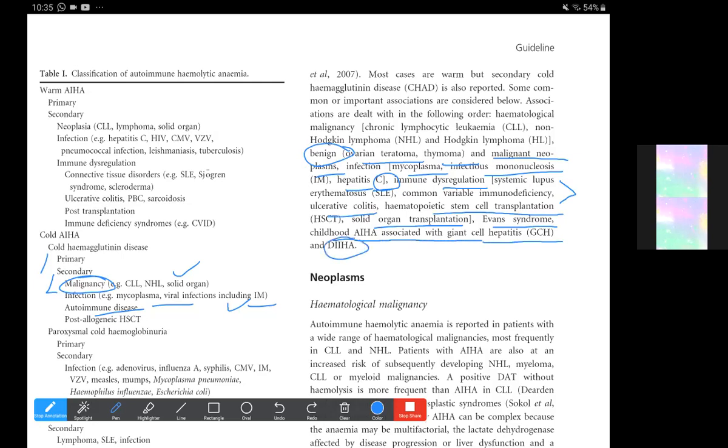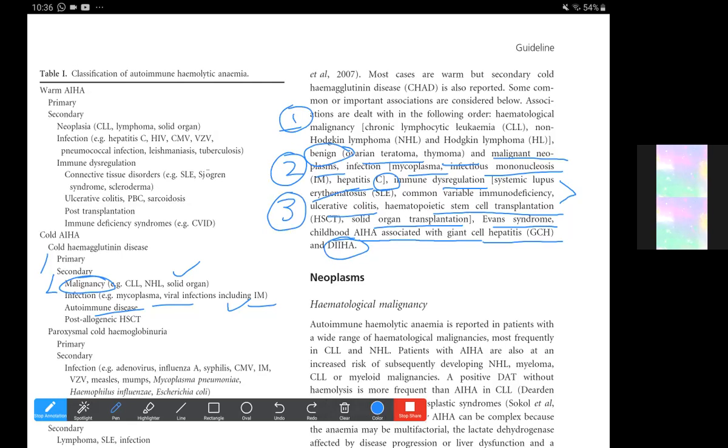And then of course the component of drug induced immune hemolytic anemia. So the causes are mostly those associated with hematological malignancies, then those associated with infections, in which infectious mononucleosis, mycoplasma, and hepatitis C are most common. Then those with immune dysregulation: SLE, Sjogren's, common variable immunodeficiency, and ulcerative colitis.